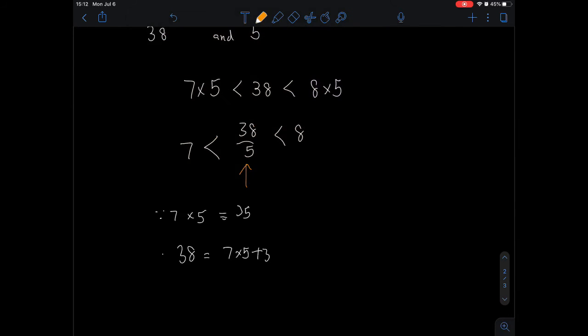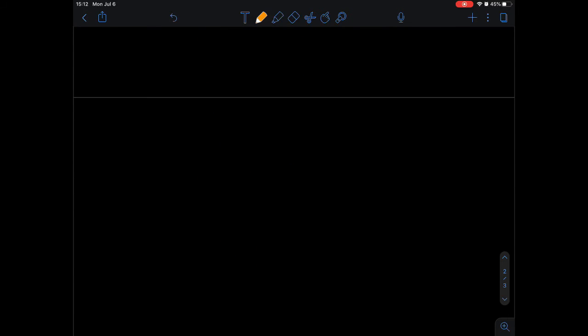So we call 7 the quotient and 3 the remainder. You can obtain a quotient and remainder in this way whenever you divide one positive integer a by another positive integer n. The remainder is 0 if a is divisible by n.